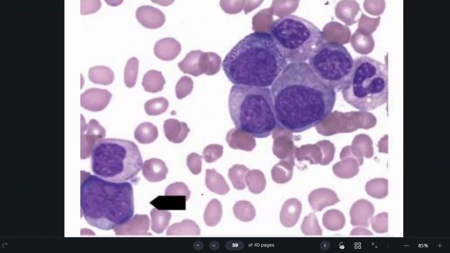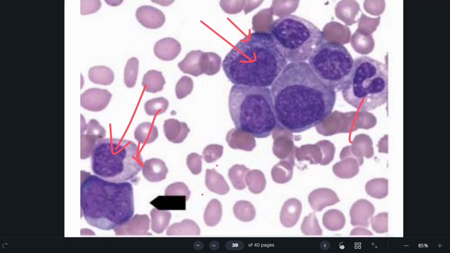Here again shift left. Here is a myelocyte with an oval-shaped nucleus and cytoplasm containing primary eosinophilic granules and lilac-colored secondary granules. Here is the metamyelocyte with the kidney-shaped nucleus, or indentation less than 50%, and the cytoplasm again contains primary eosinophilic granules and lilac-colored secondary granules.